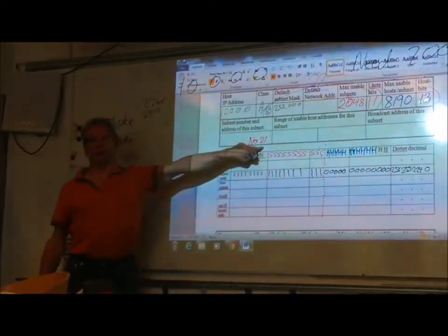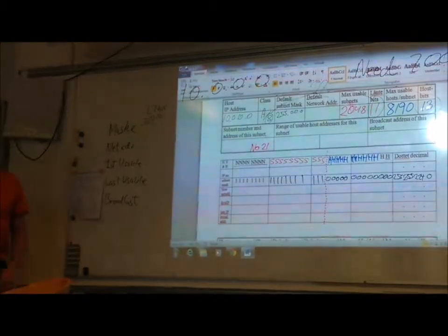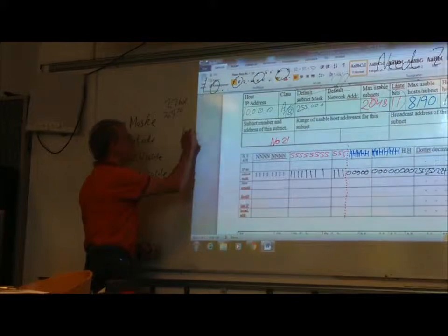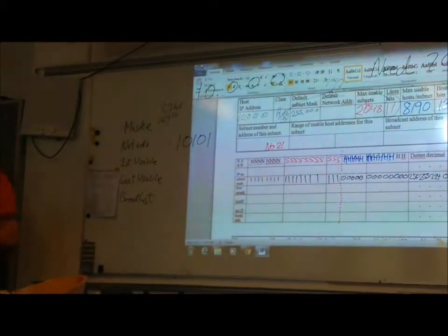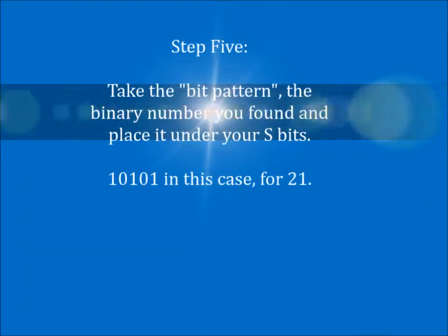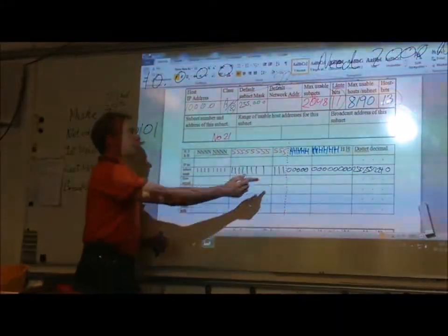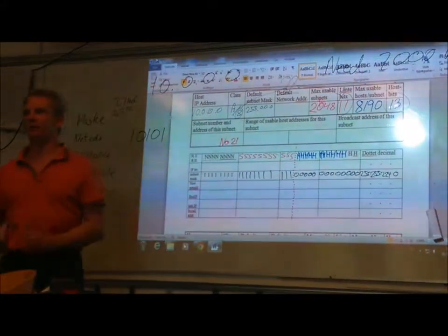Take that number, write it in binary somewhere else for now. 21 is 10101. That is the binary pattern of 21. Take that pattern and write it under your subnet bits. Imagine you cannot see anything but the subnet bits.